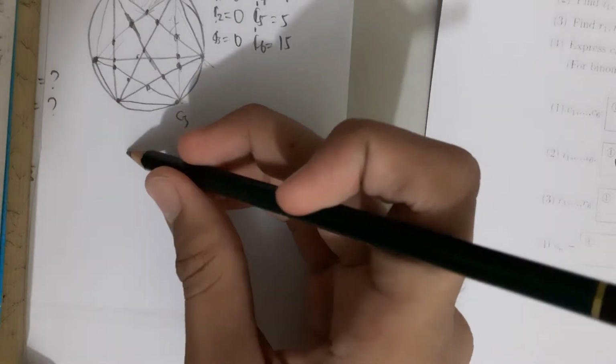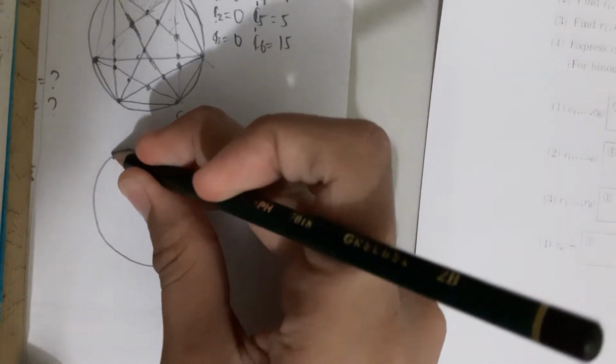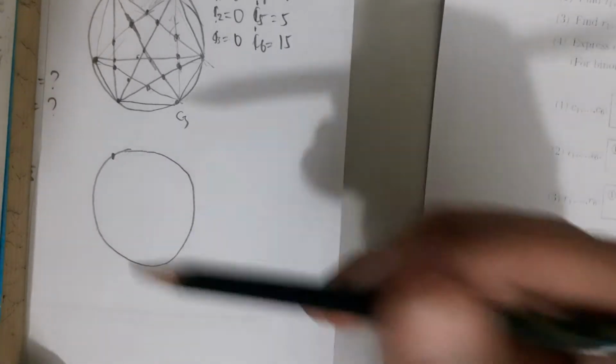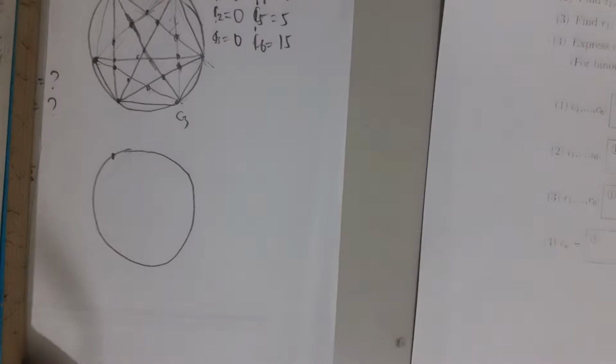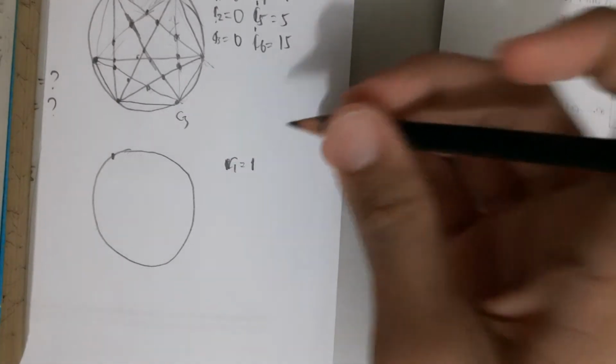For 1 point, there is 1 region, right? Because the circle is a full curve, 360 degrees. So R1 is 1.